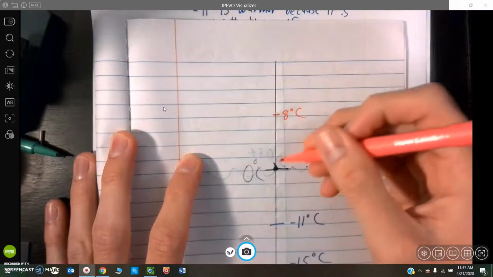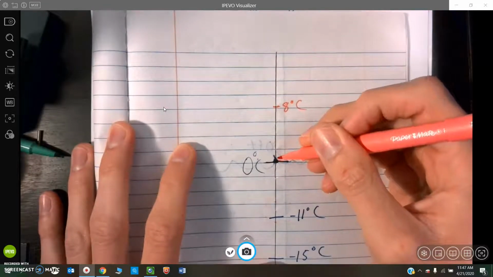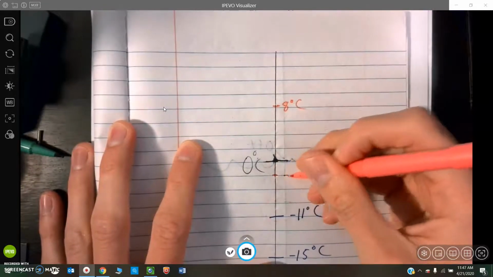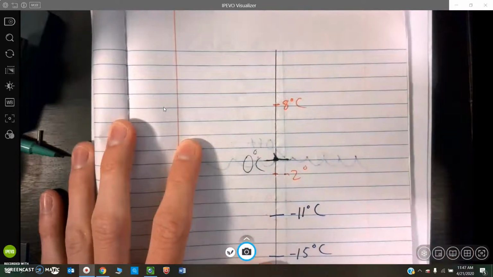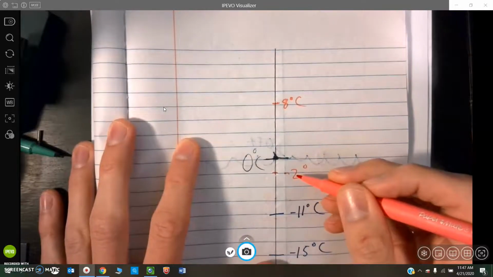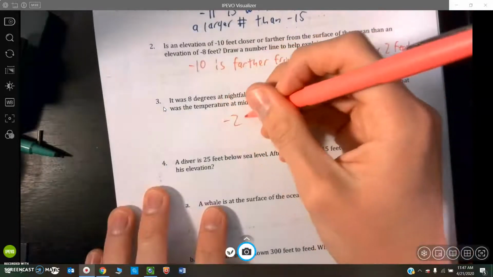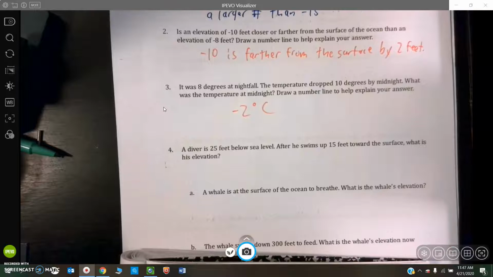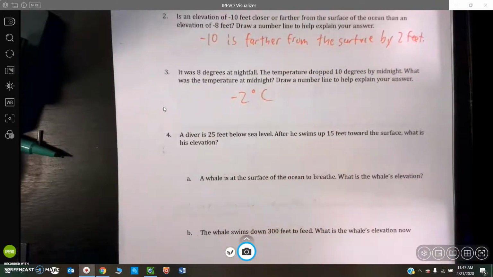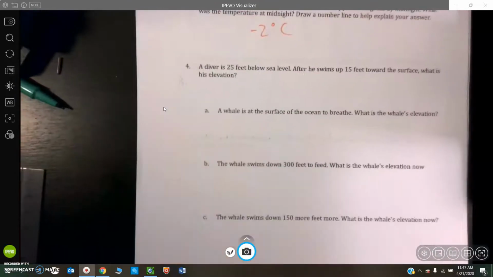So from 8 degrees to 0 degrees is down 8 degrees, and it went 2 more. It would now be -2 degrees, 2 degrees less than 0. So it would be -2 degrees Celsius at midnight.